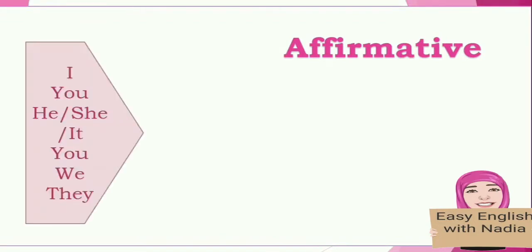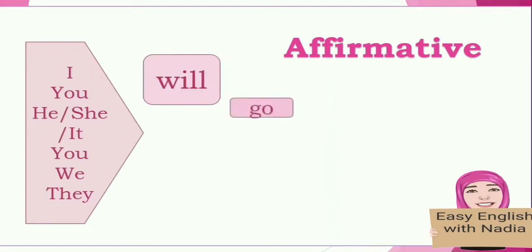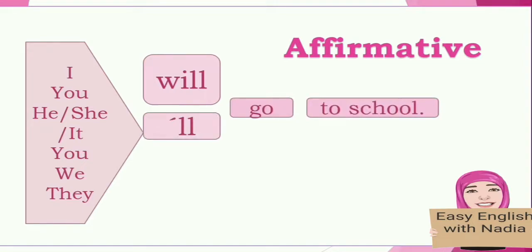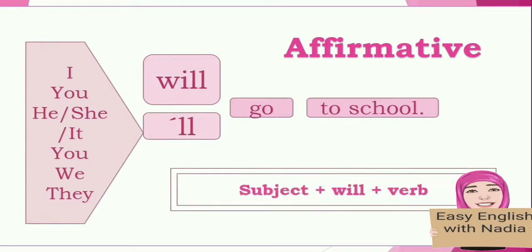Remember, I, you, he, she, it, we, they, plus will, plus verb. For example, I will go to school or I'll go to school. So, subject plus will plus verb.